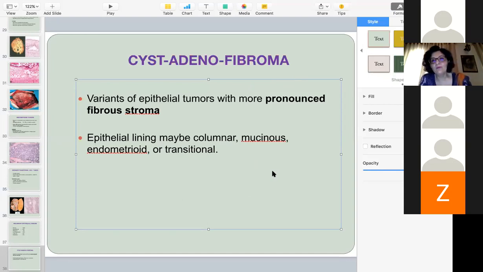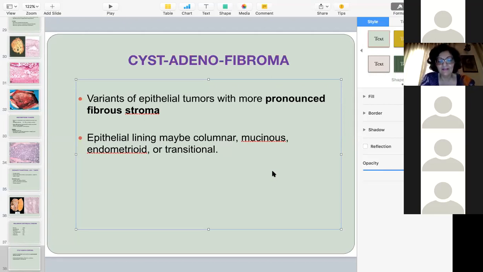Okay, and which is the most common ovarian surface epithelial tumor? Serous again, serous. And the next most common surface epithelial tumor after serous is? Endometrioid? Oh, that is the malignant one. Mucinous, the benign. Yes.